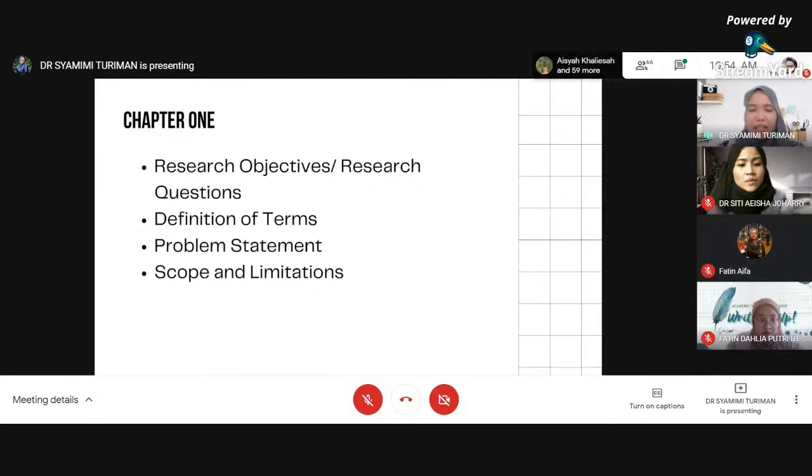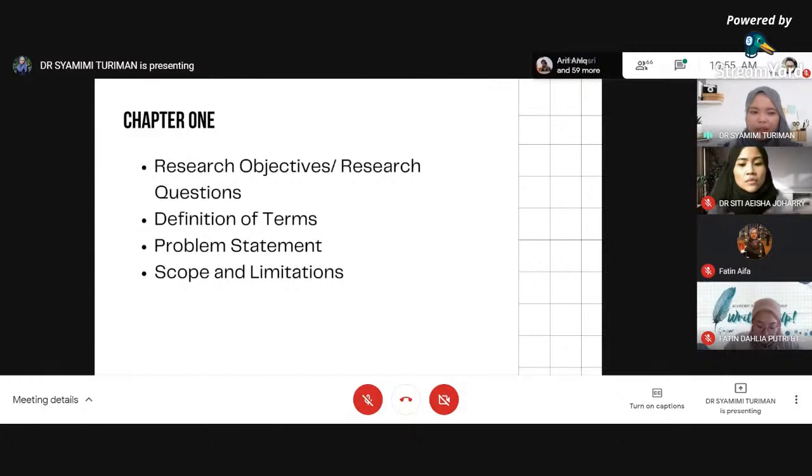The next part would be definition of terms. You all know this, but sometimes you don't show your understanding in writing definitions of terms. More often than not, we can see students able to write conceptual definitions, meaning dictionary definitions or definitions taken from other scholars.